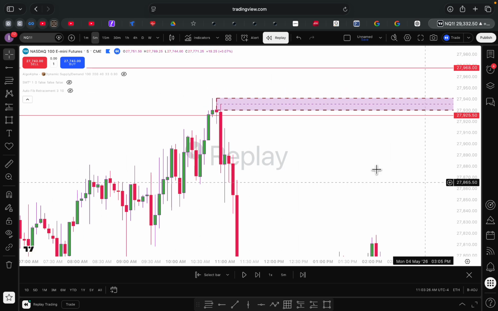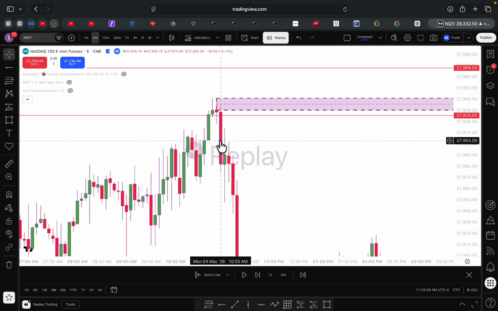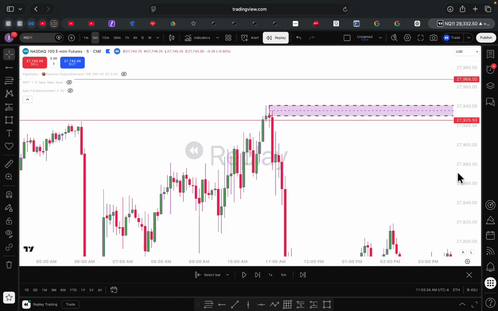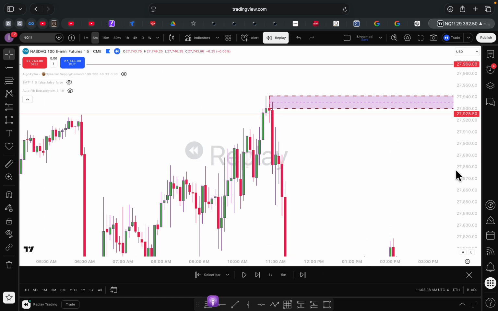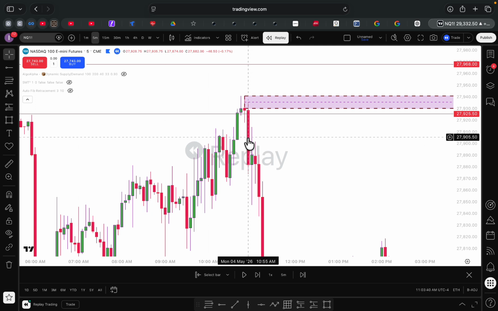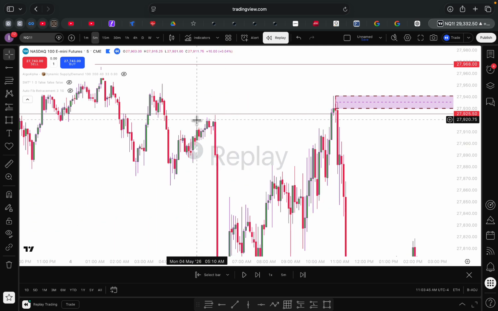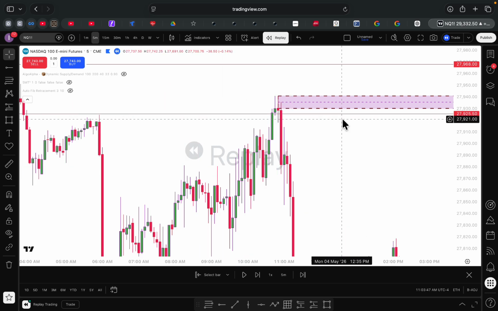Now I was a little late. I might not have even entered my trade till right here. Right? I was a little late. But it didn't stop me from entering my trades because I already knew that price wanted to continue down. So I wasn't scared of entering my trade. But as you can see, this is why I wanted to take a sell.